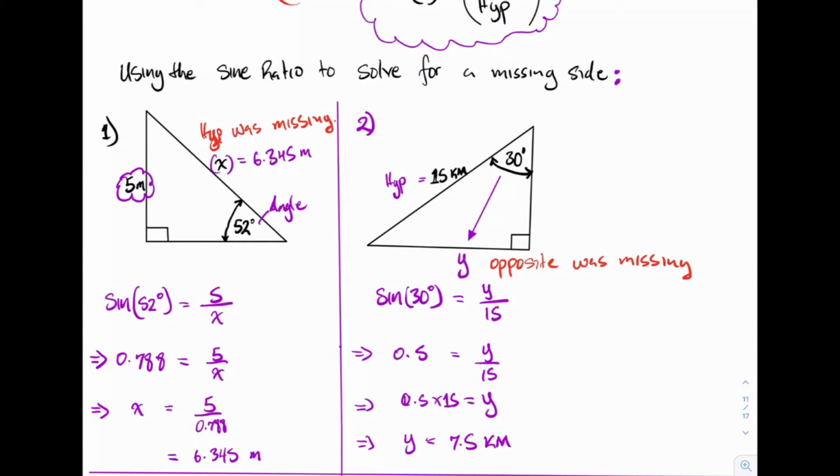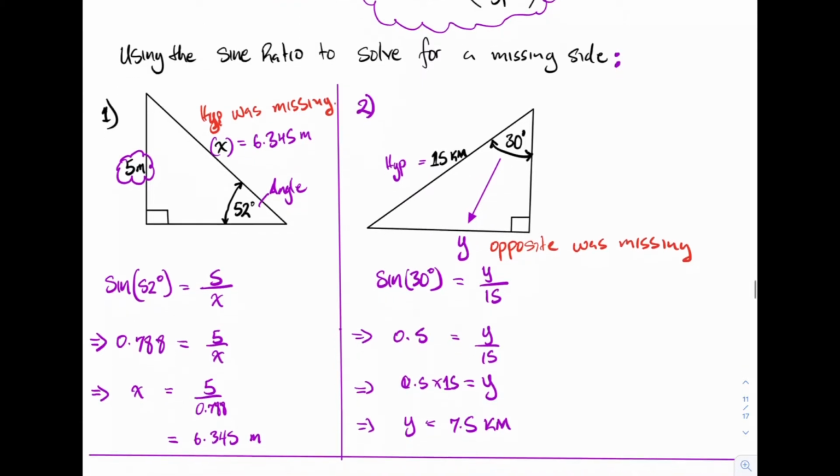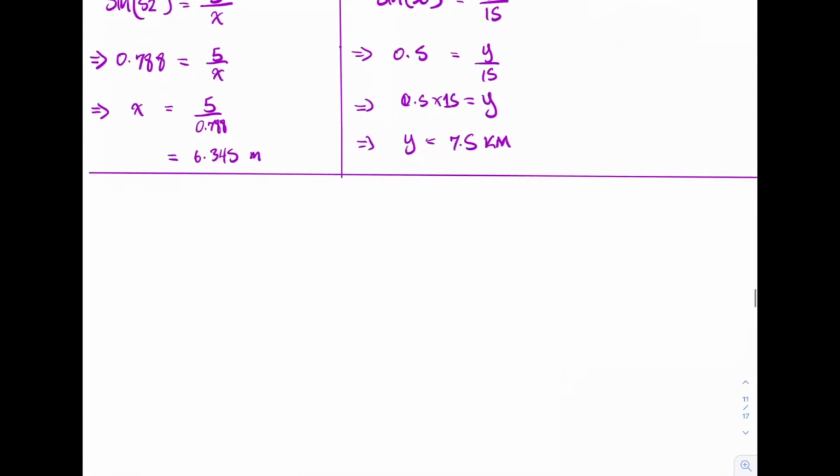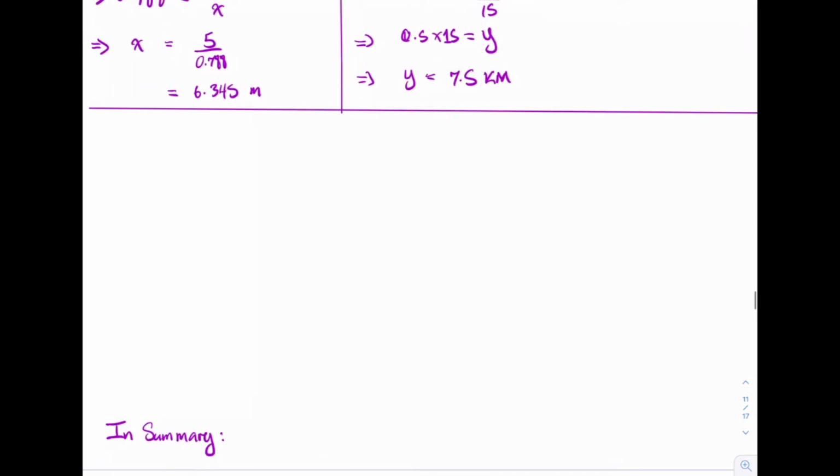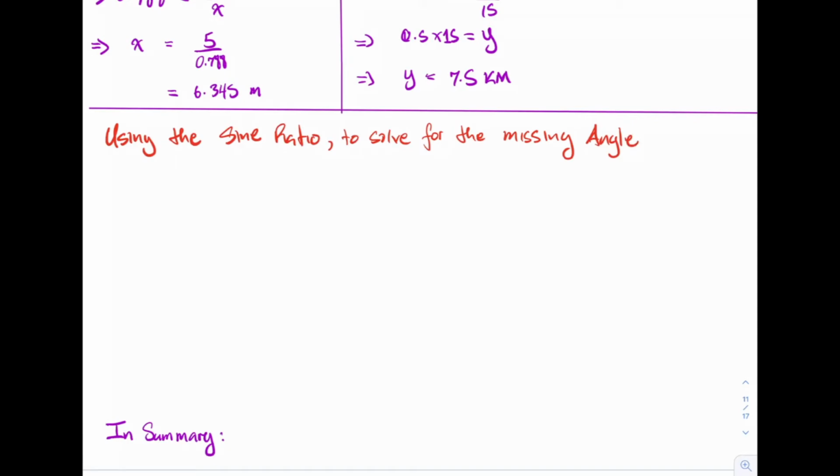All right, let's look at how to use the sine ratio to solve for the missing angle. So let's draw up our triangle.